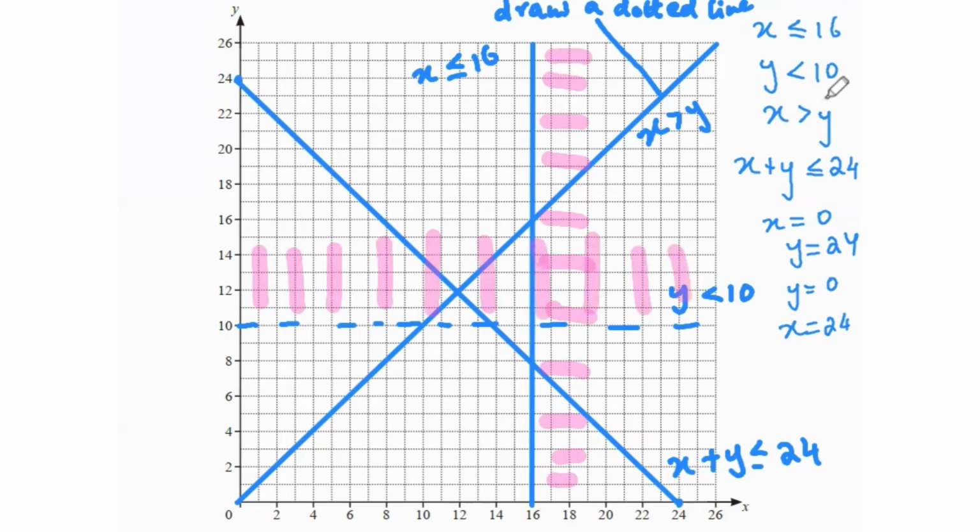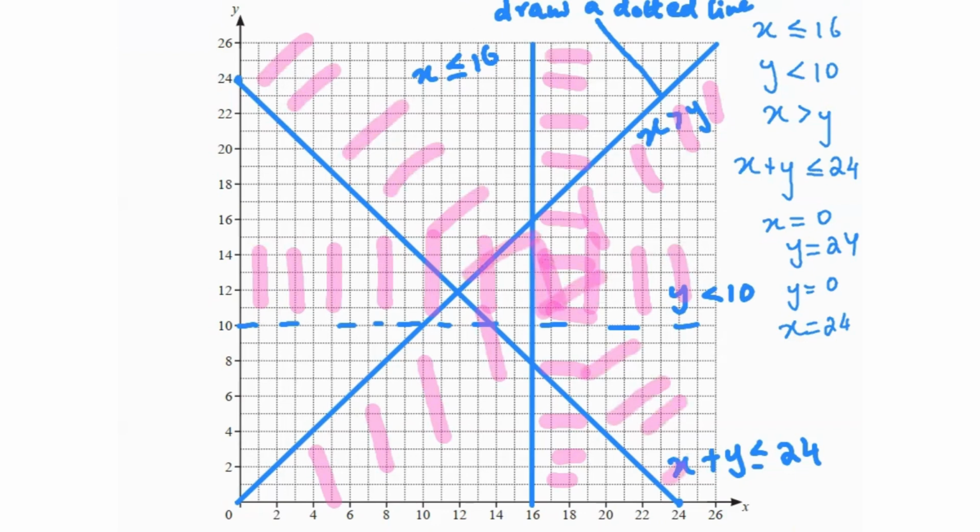X is greater than y, so that is going to be over here. And x plus y is less than equal to 24, so the greater part is over here.